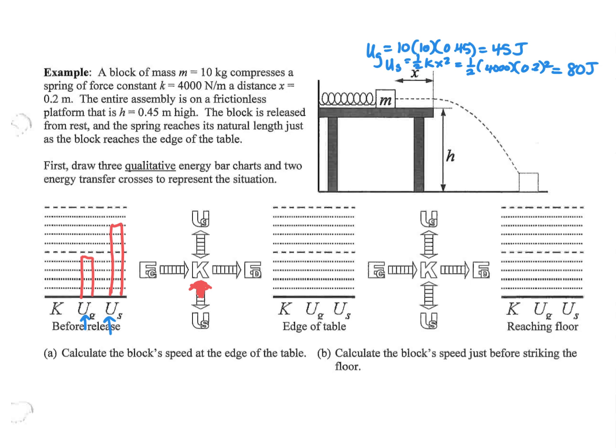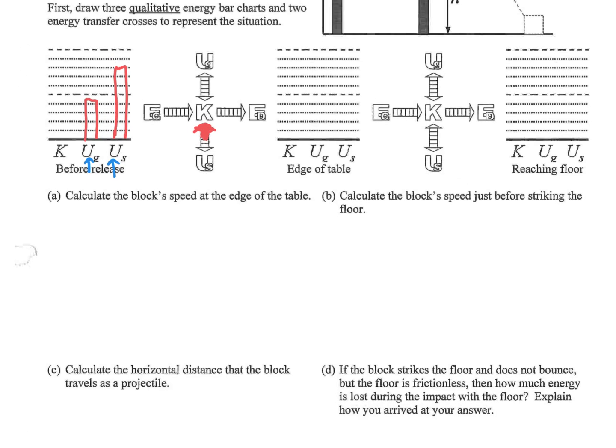So what do we know? We know at the edge of the table, and I'm going to do that one in blue, we need to know how fast this thing is going. We don't know. So let's look at this and say, okay, block speed at the edge of the table. We're starting with 1/2 k x squared, and we're going to end up with 1/2 m v squared, aren't we? Mechanical energy initial, mechanical energy final for that part.